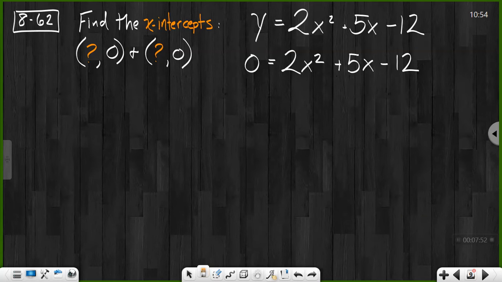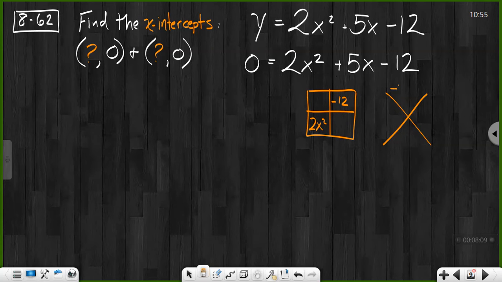Let me factor 2x squared plus 5x minus 12. I get my diamond problem and generic rectangle set up because this is not a special case. There's no GCF because 2 and 5 are prime. I put my 2x squared bottom left, my negative 12 top right, and multiply those to get negative 24. My sum would be 5. If this is confusing you, go back and watch my factoring video.